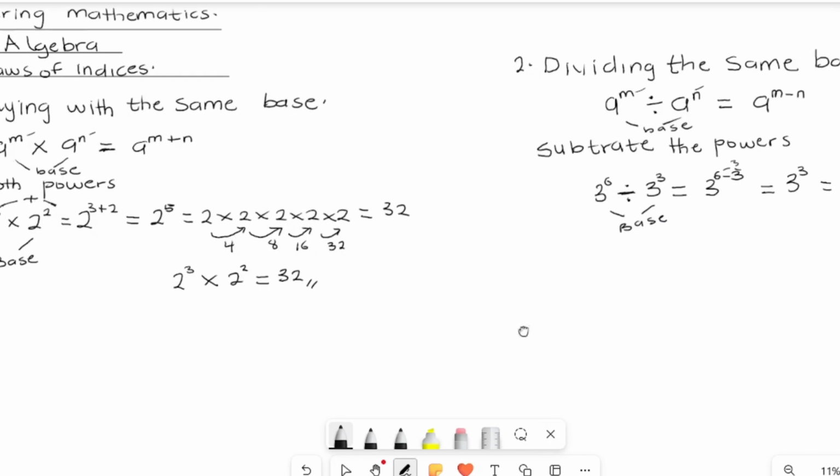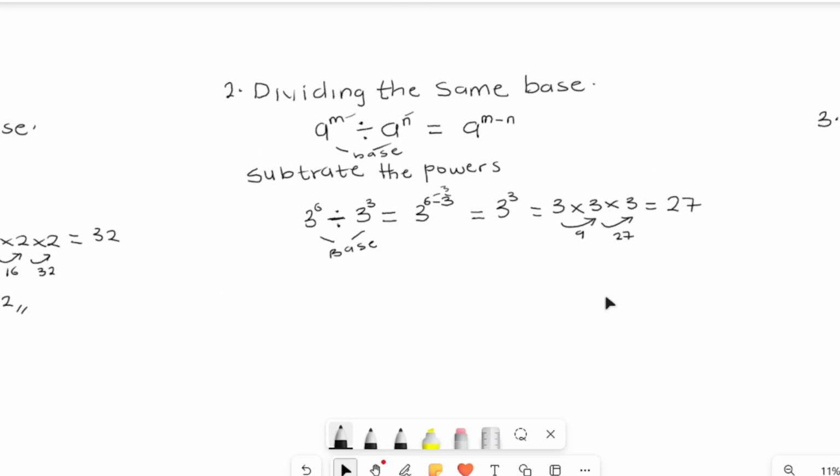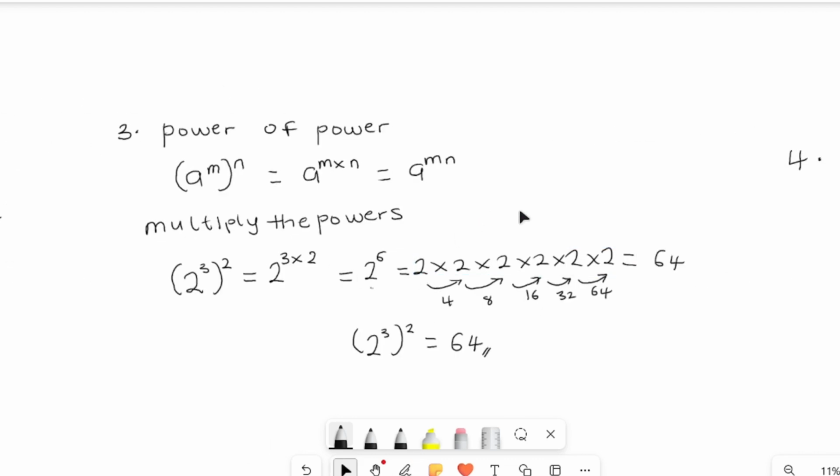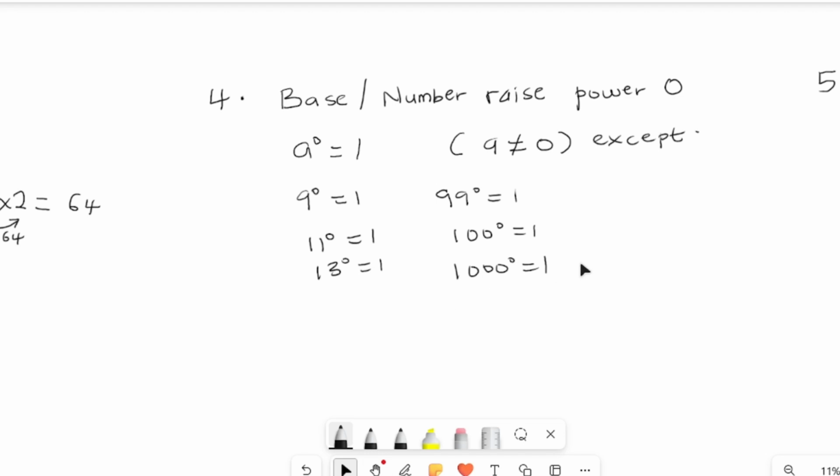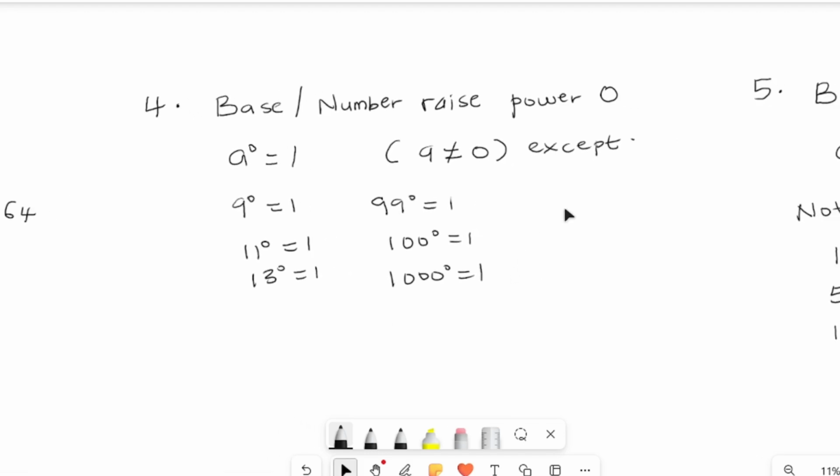For dividing with the same base, we simply subtract the powers. Then for power of a power, we simply multiply the powers. And we made mention that any number raised to power 0, except 0 itself, will give us 1.